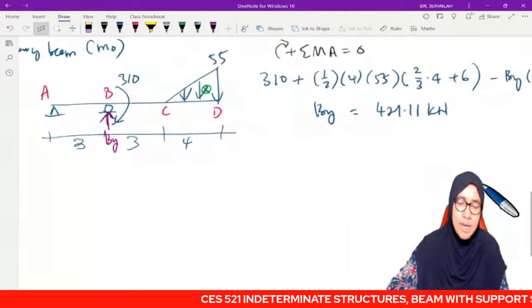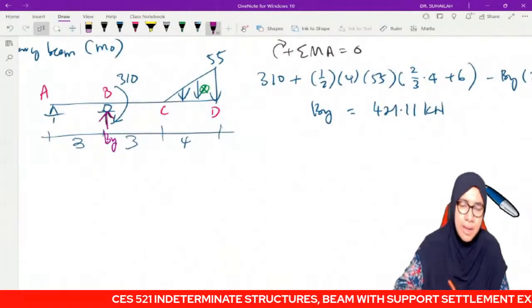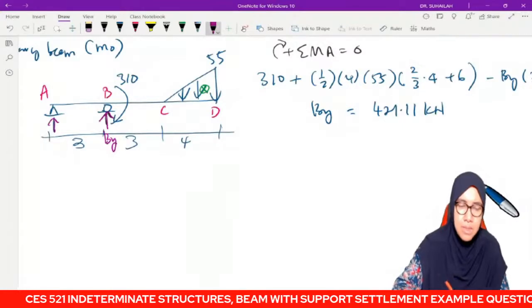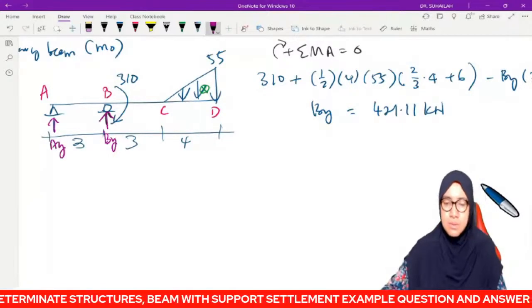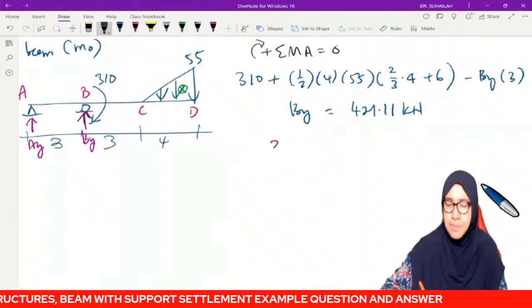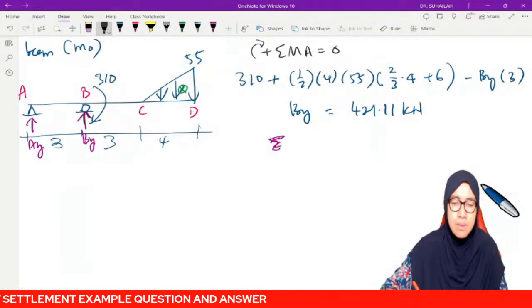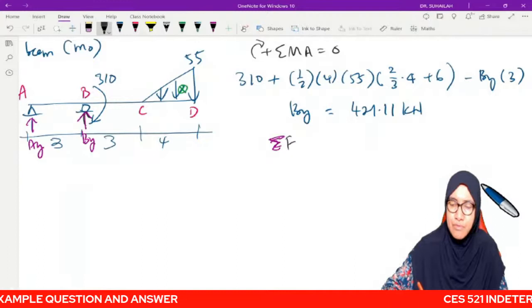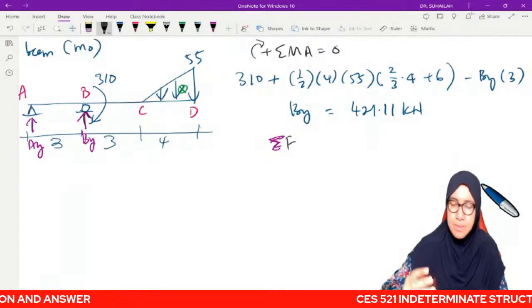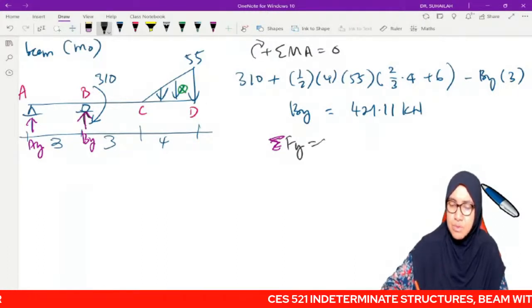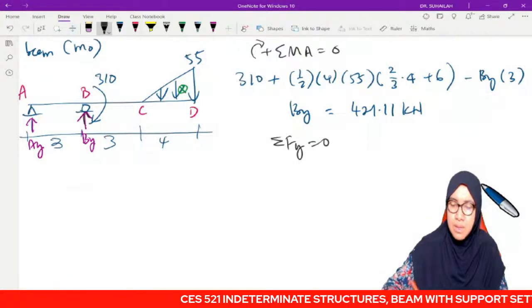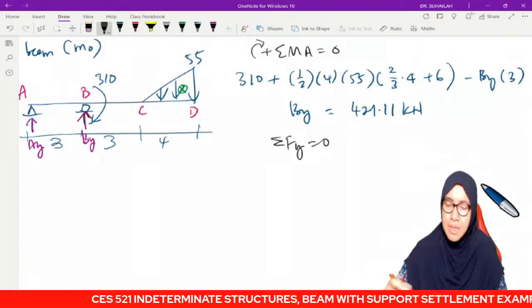After this, we have to calculate AY. We apply total Fy is equal to 0.